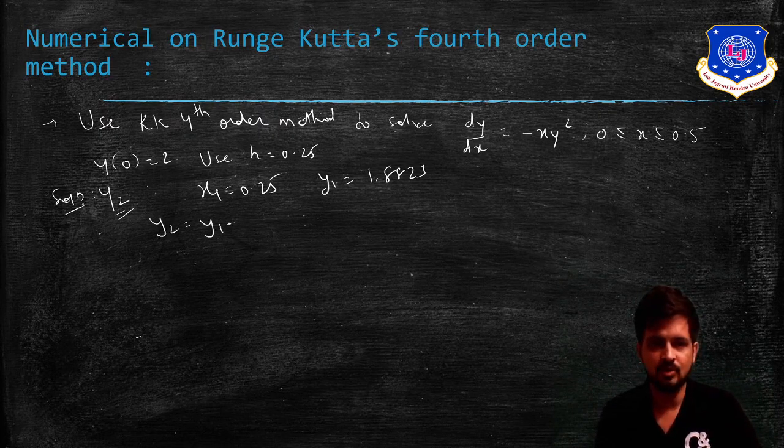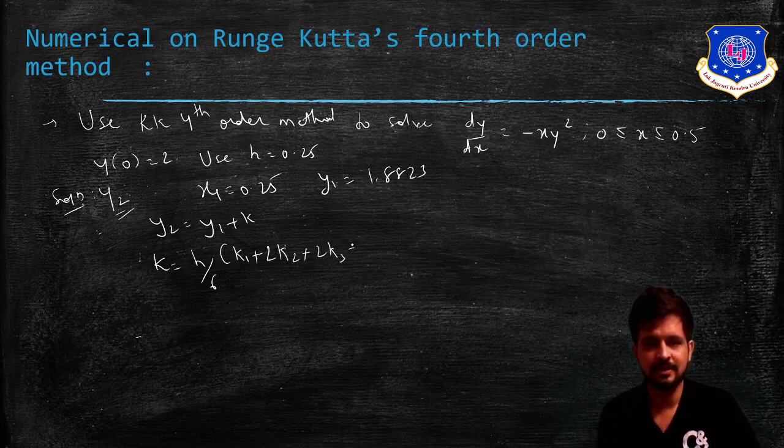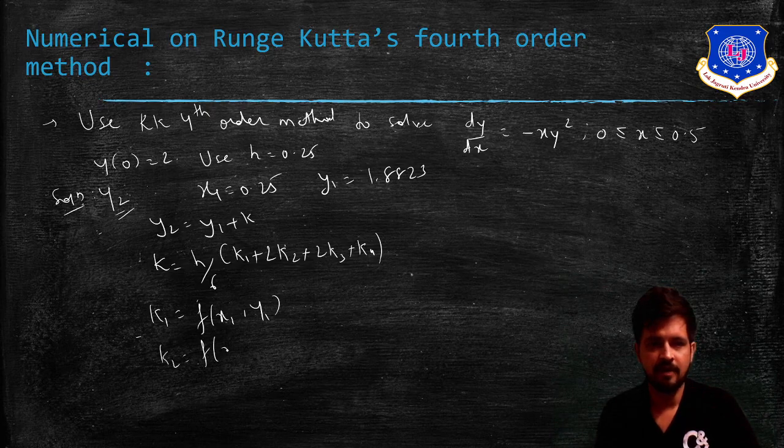The formula will be y2 is equal to y1 plus k. k will be h by 6 into k1 plus 2k2 plus 2k3 plus k4. k1 will be f of x1 y1, then k2 is f of x1 plus h by 2 and y1 plus k1 by 2, then k3.